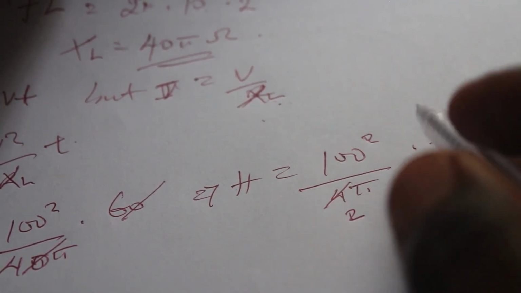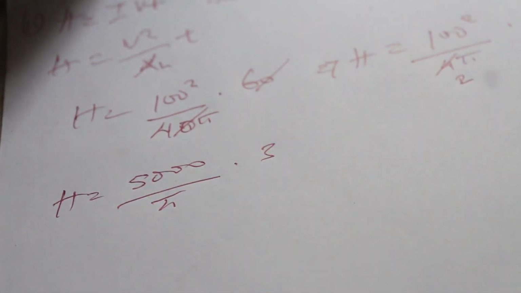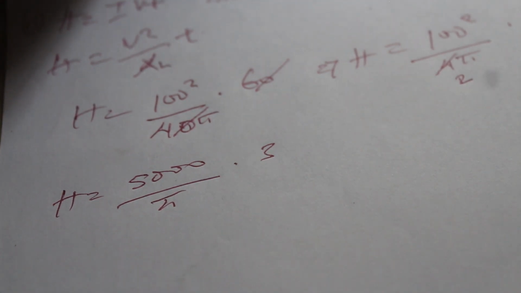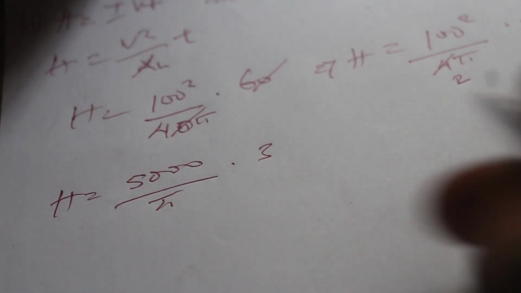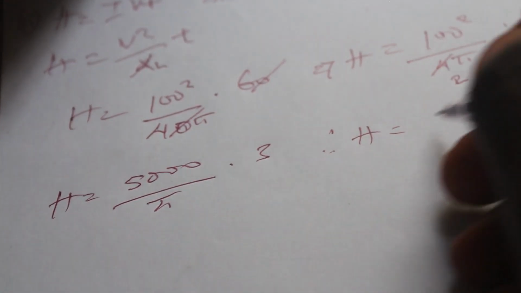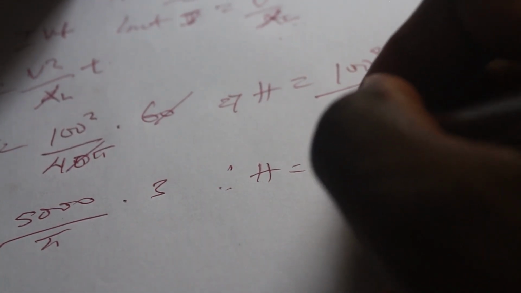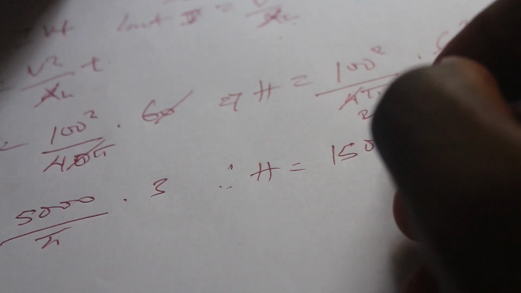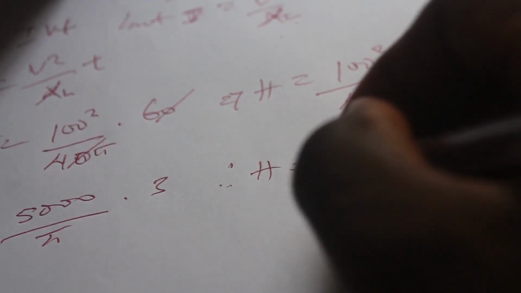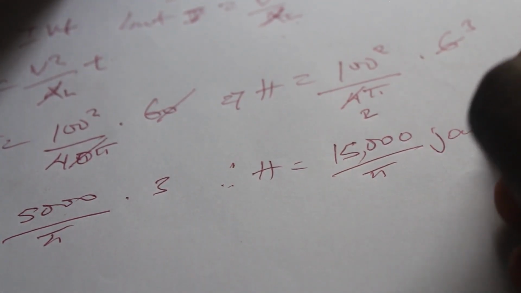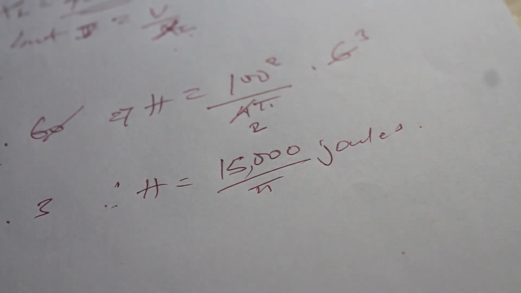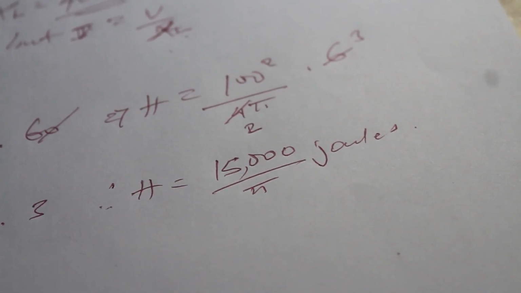That means when you divide by 2, you should get 5,000. So H is equal to 5,000 all over pi multiplied by 3. So 5,000 times 3 should give us 15,000. Therefore, the amount of heat dissipated is 15,000 all over pi joules. I've given the answer in terms of pi, which is okay.